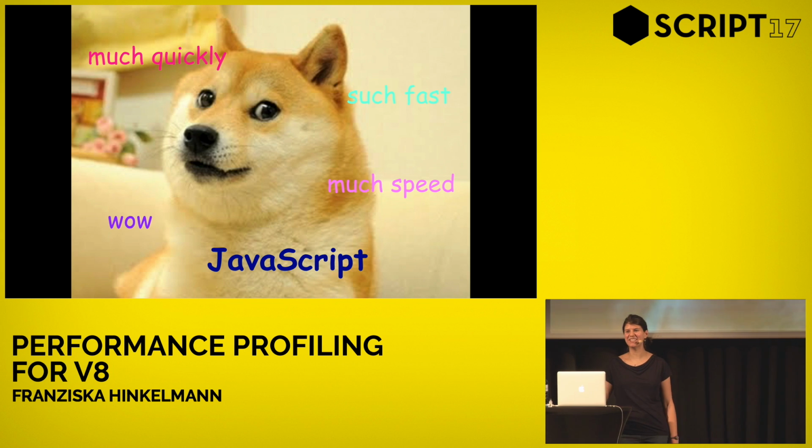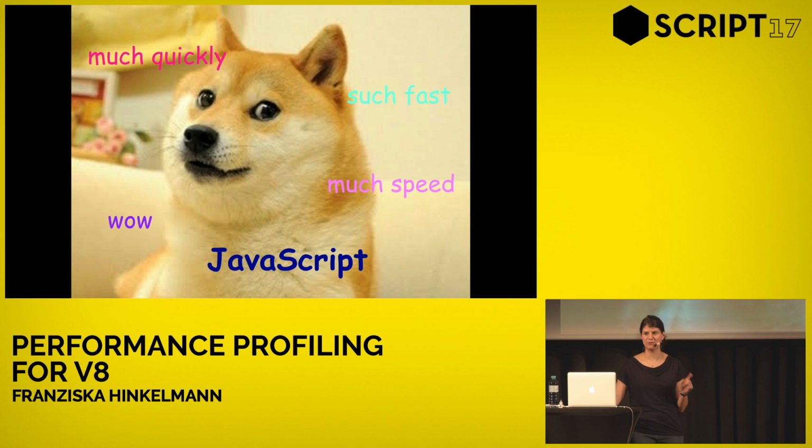I think we can all agree that it's pretty amazing what JavaScript can do. It's not only what it can do, but also how fast it can do it. Felix said a few times in his last talk that if you want something that's critical to performance, you need to go native to C++. Yes, but even if you don't go native, JavaScript can do a lot.